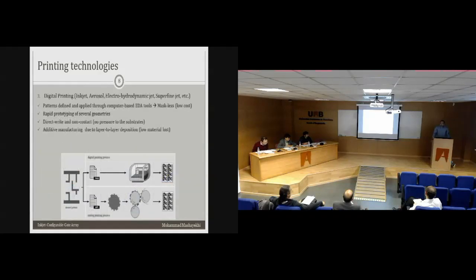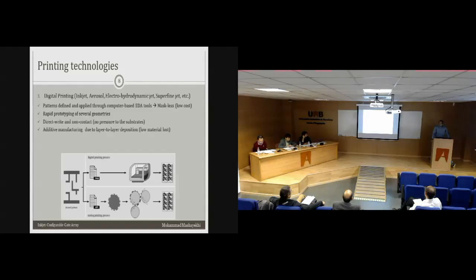The third category, which is the main scope of my thesis, is digital printing techniques. They are made of ink. They are basically inkjet, aerosol jet, electrohydrodynamic jet, superfine jet, etc. In this printing technology, the patterns are defined and applied through computer-based EDA tools. So they are maskless. There is no need to prepare any mask. So they're low cost. It allows the rapid prototyping of several geometries.